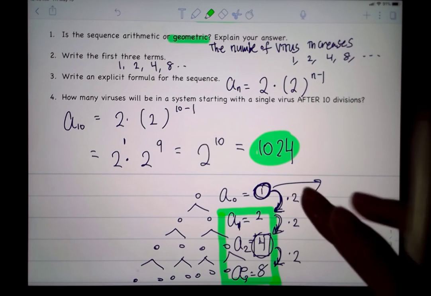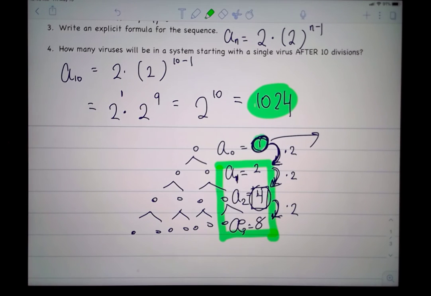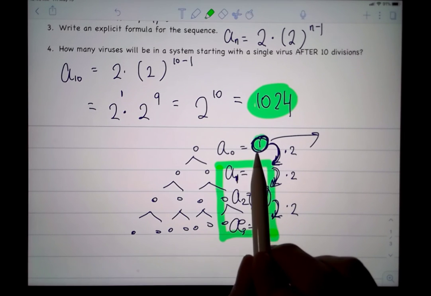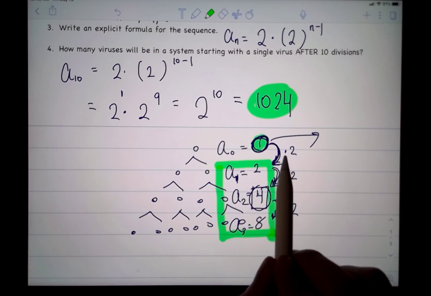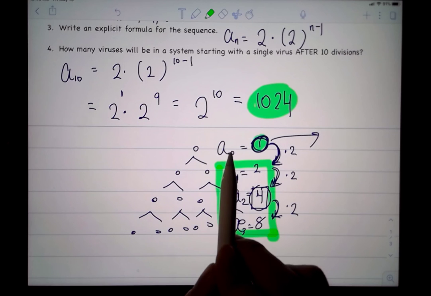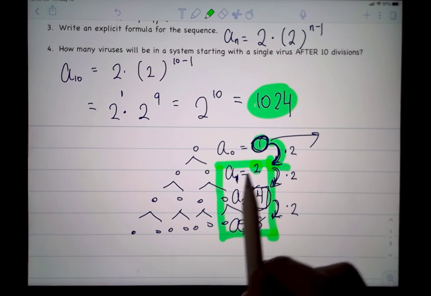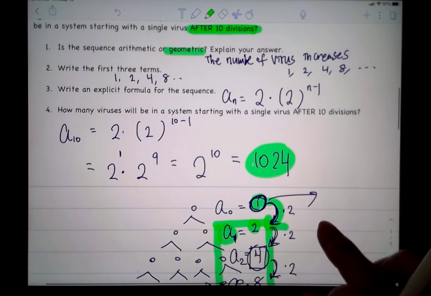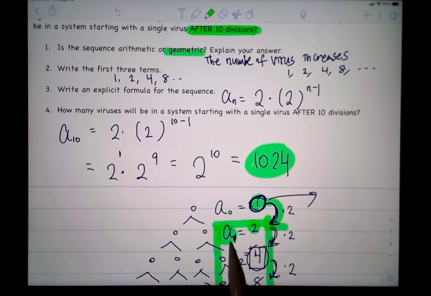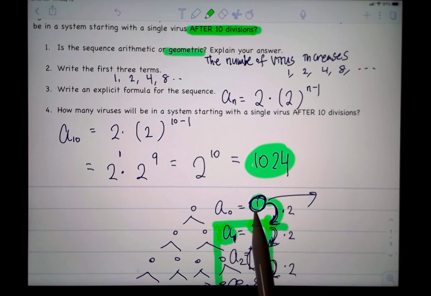So guys, this is kind of tricky, but think about it. You started from 1, but ask yourself, is that after 1 division or not? No. There's no division. We just started from that. That's why I put it as A0. After 1 division, that turned to 2, so I call this A1. And when we write the explicit formula, we use A1 as the initial, so that's why I put 2, not 1.